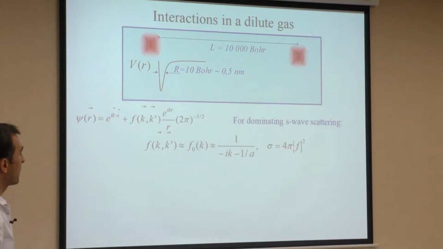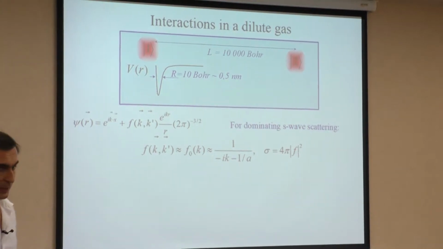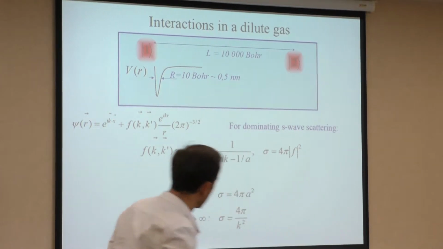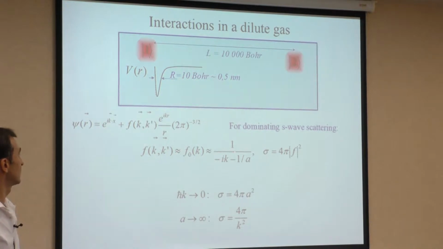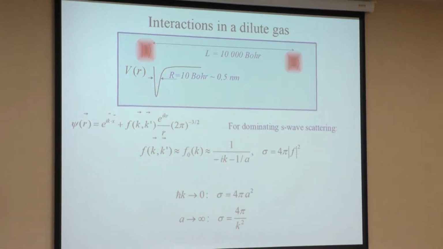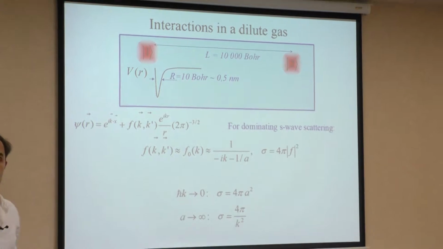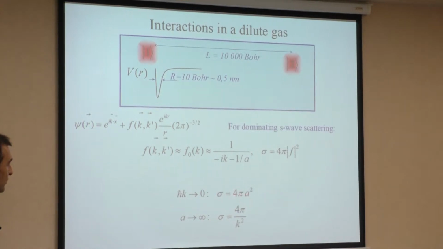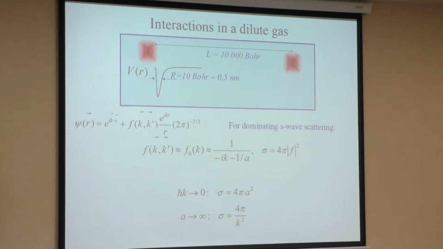It is just 4 pi times the square of the scattering amplitude, where in the very low energy limit, for the lowest energies, momentum goes to 0, and the scattering cross section becomes just 4 pi times the square of the scattering length. But another limit is possible. A can go to infinity.